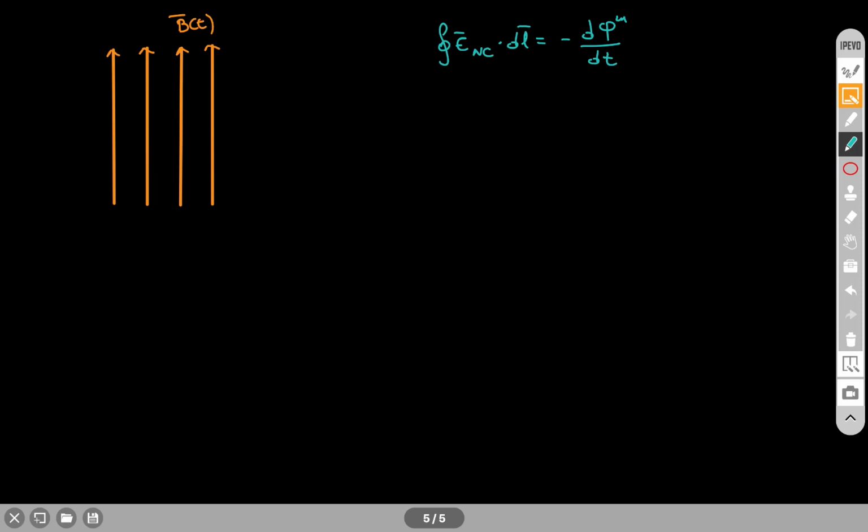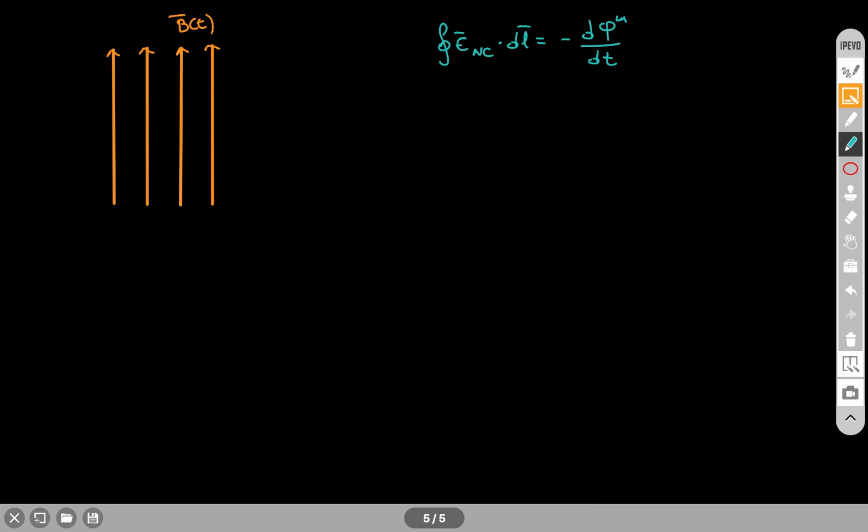One more thing. The non-Coulomb electric field will exist in the space here independently of whether you have something there to detect its presence or not.